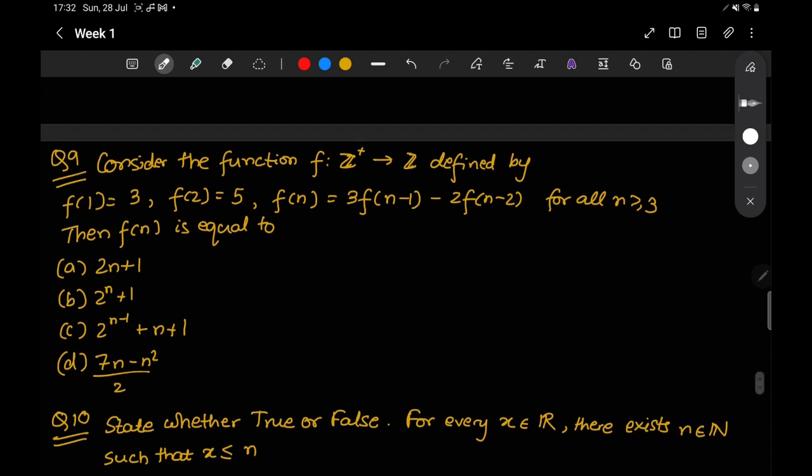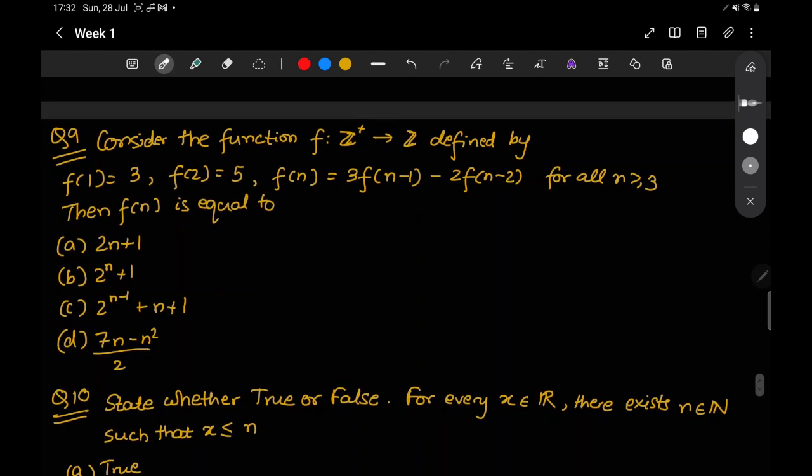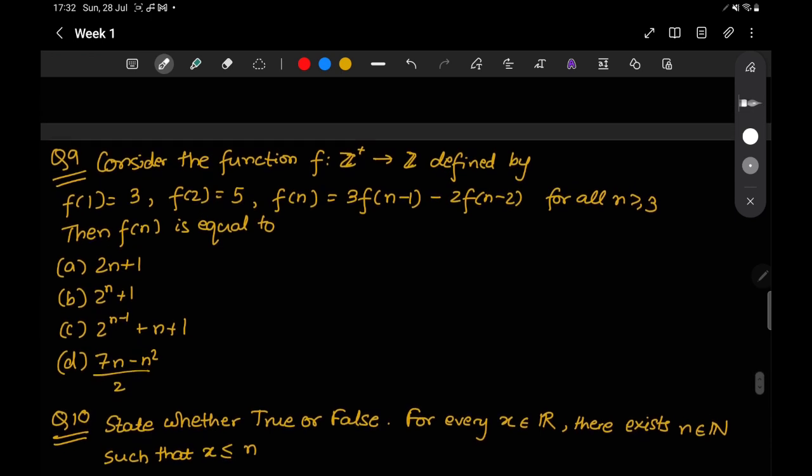Okay, so let us now discuss the solution for this. Now in this, because it's an MCQ question, actually we can just eliminate the wrong options. For that, let us first find out what f(3) is.